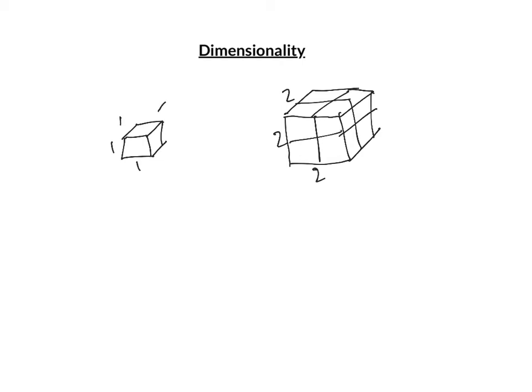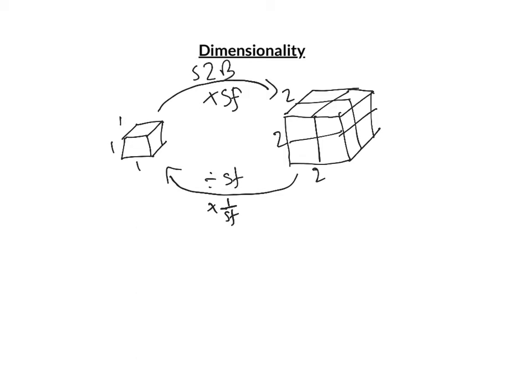So we have an enlargement by a scale factor here, so timesing by a scale factor, and we have an enlargement here, which is dividing by a scale factor, or we could say it's timesing by the reciprocal of the scale factor, which is the same thing. Going this way, we say it's small to big, or S to B, and this one we say is big to small, or B to S.